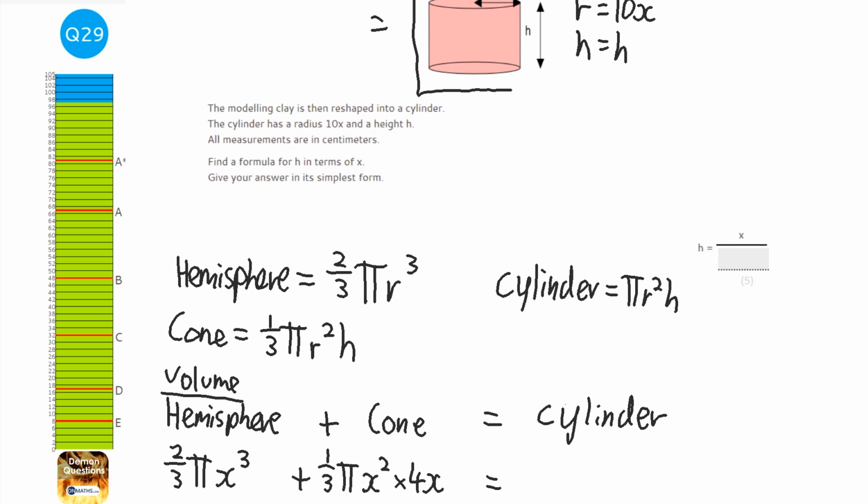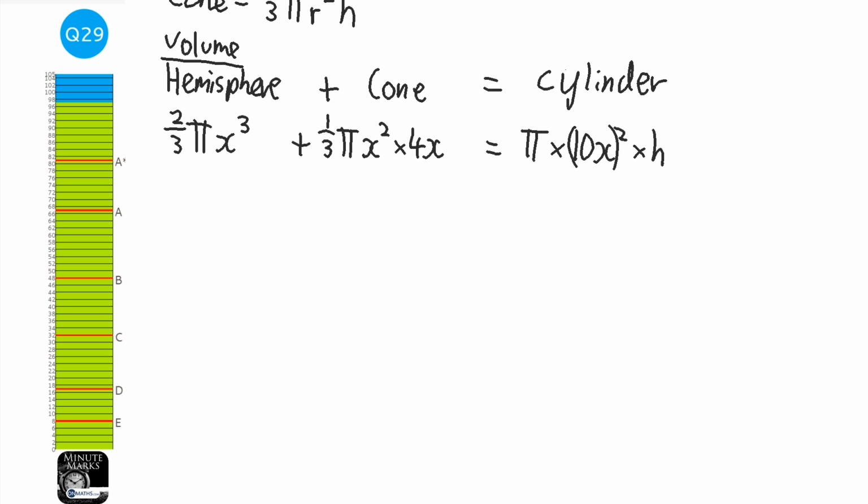Okay. So the cylinder, and I'm going to leave that up so I can see it, is pi, and what's the r? So pi times 10x squared, and all of that squared, because all of that is r, times the height, so times h. Okay, so this is the formula we've got to work with.